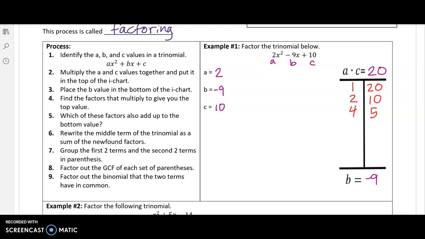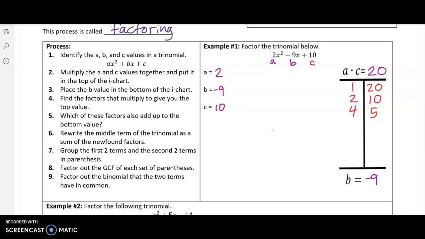And we're going to need to, because the purpose of this, as you can see in step 4 and 5, it says find the factors that multiply to give you the top value. We did that. We found 3 things that multiply to give us 20. But which of these factors also add up to the bottom value, or the B value? That is actually quite important to this.